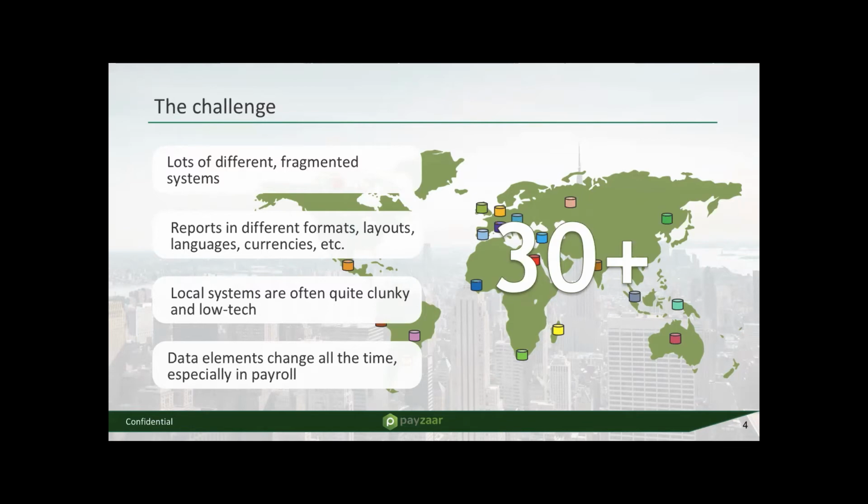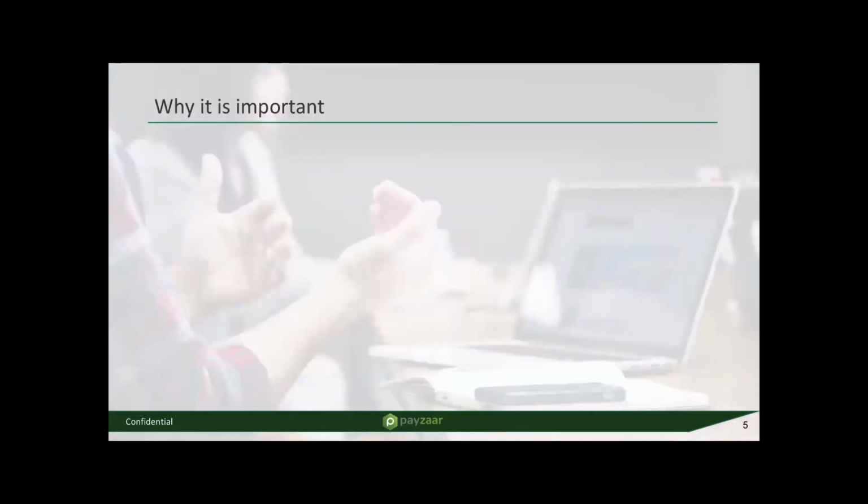Now, if it's so challenging, then you might say, why bother? Should we really care? Is it really that important to have consolidated global reporting capabilities put in place? Well, we believe there are a number of key reasons why that kind of reporting capability is absolutely critical.